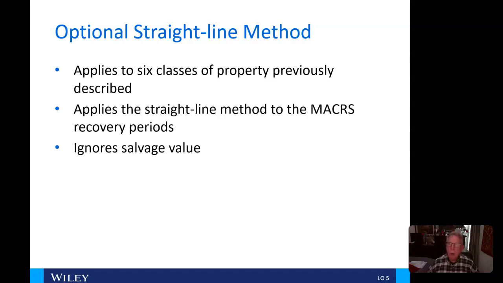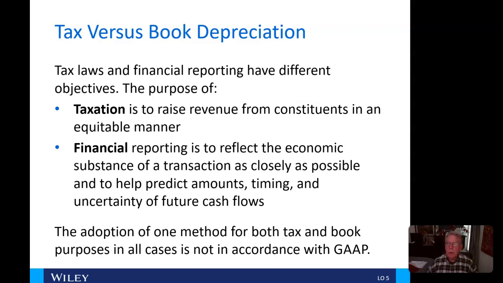Okay, so tax laws and financial reporting have different objectives, as I think we all know by now. Taxation is to raise revenue from the constituents in an equitable manner, whereas financial reporting is to reflect the economic substance of a transaction as closely as possible and to help predict amounts, timings, and uncertainty of future cash flows.